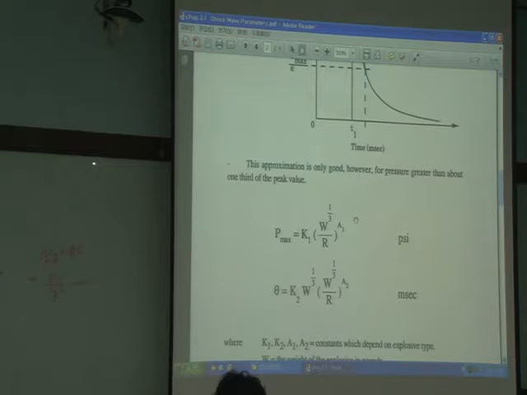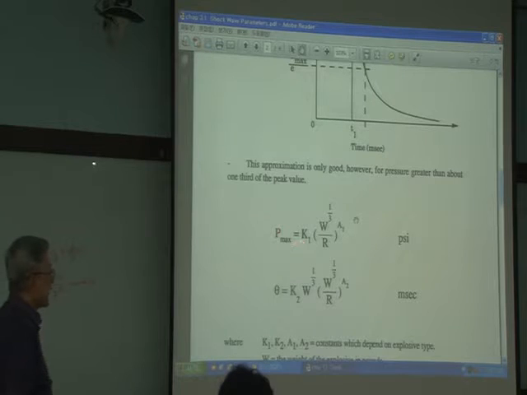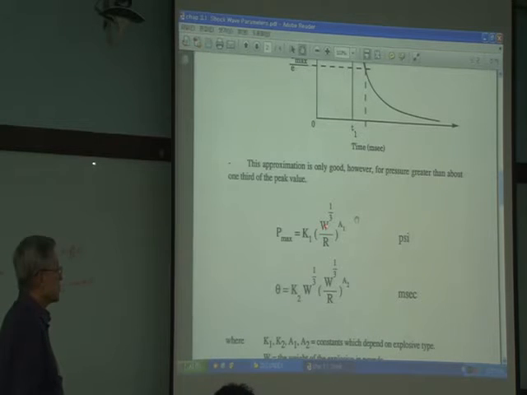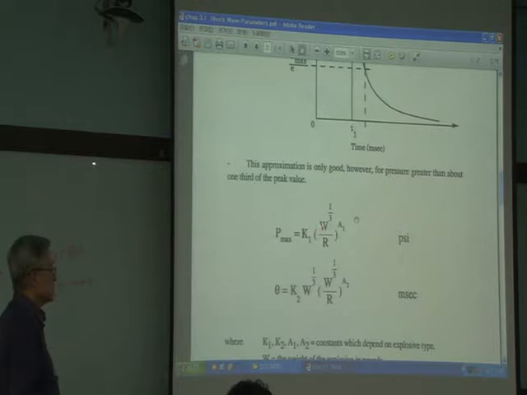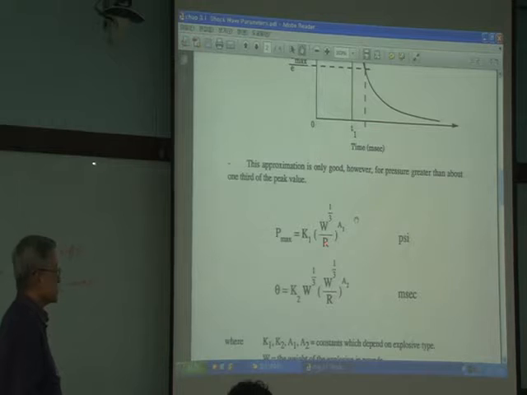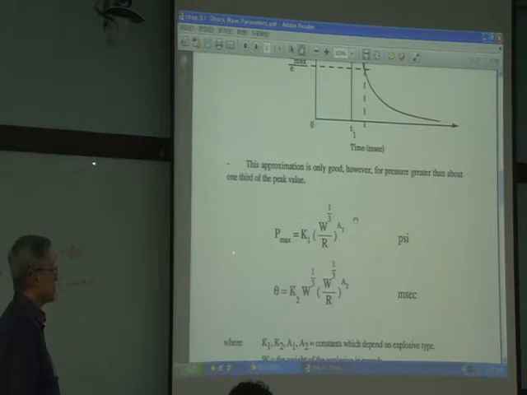And this is the empirical formula. P max is a function of the charge weight. This is all unit dependent. W is in pound force. R is the standoff distance, the distance from the charge point to the target in feet.